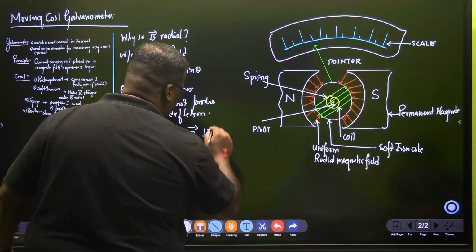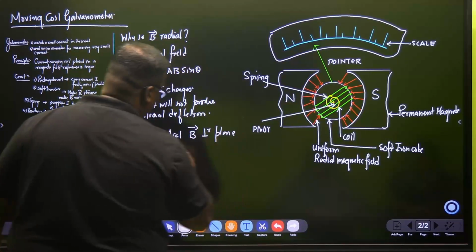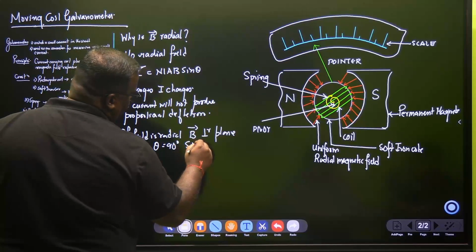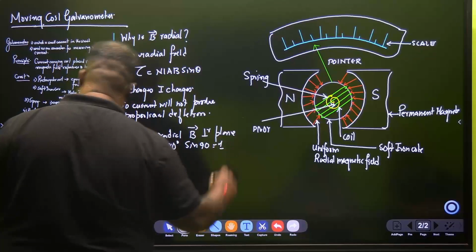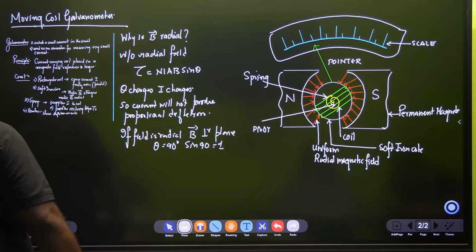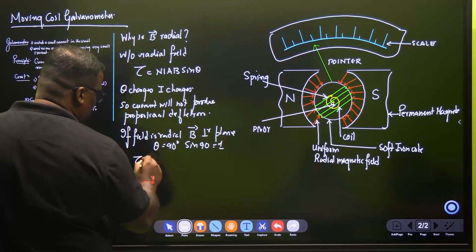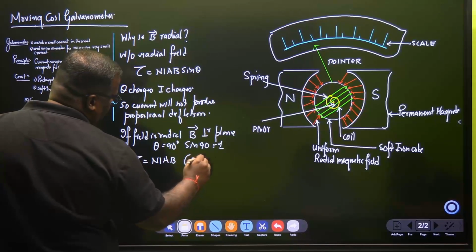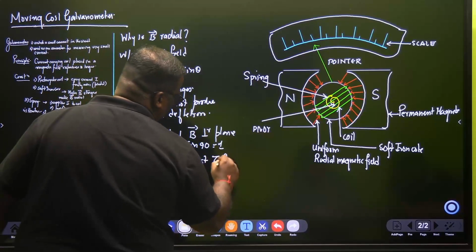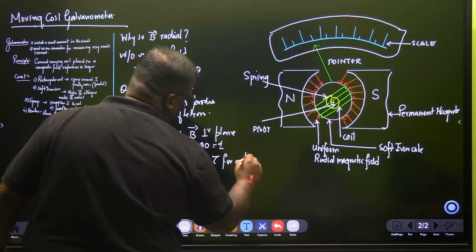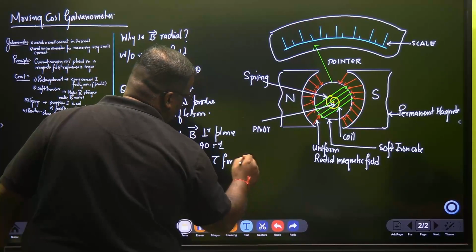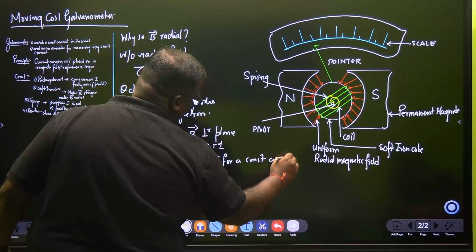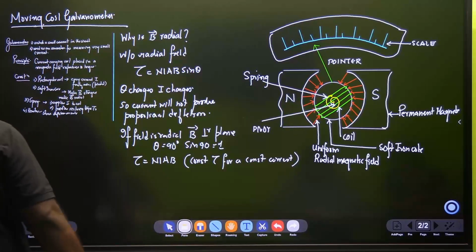So B is in the plane, theta is equal to 90 degrees and sine 90 is equal to 1. Your job is solved. So torque is equal to NIAB, which means now you have a constant torque for a constant current.